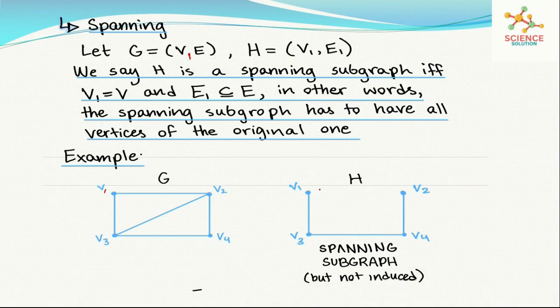If we make another graph H by these four vertices in such a way that two edges, one joining V1 to V2 and the second joining V2 to V3, are cancelled out, then we get the graph as shown in the diagram. This graph H will be a spanning subgraph but not induced.